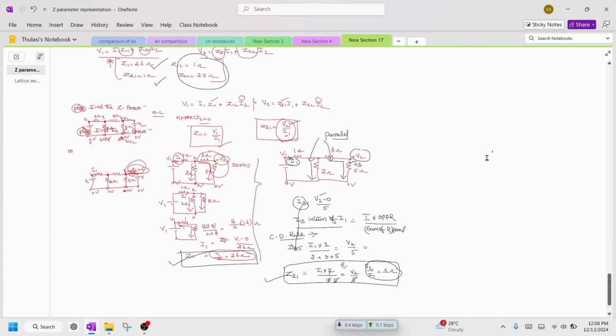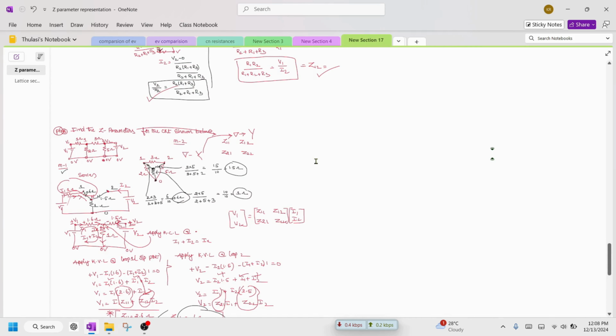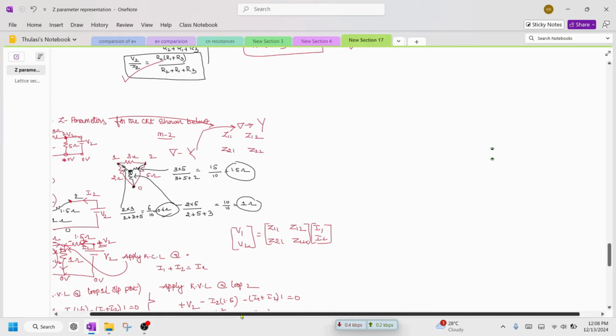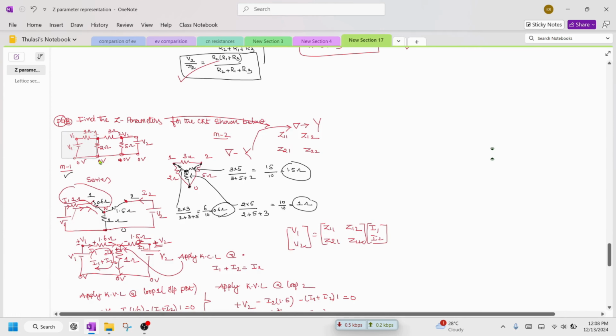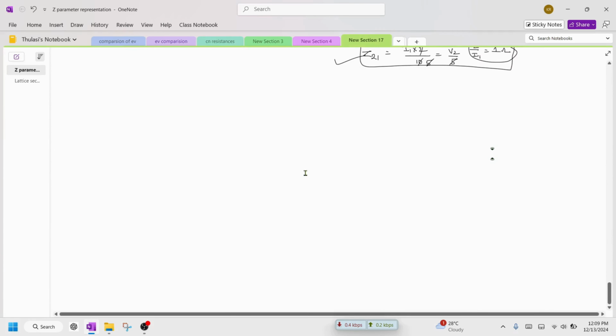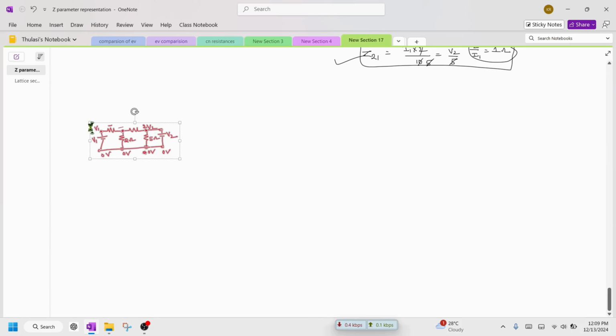So let us take this network again. This is the network we have in our hand. Now we need to find the basic equations. V1, V2 is equal to Z11, Z12, Z21, Z22.